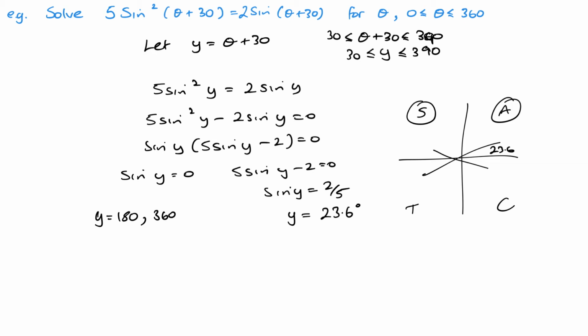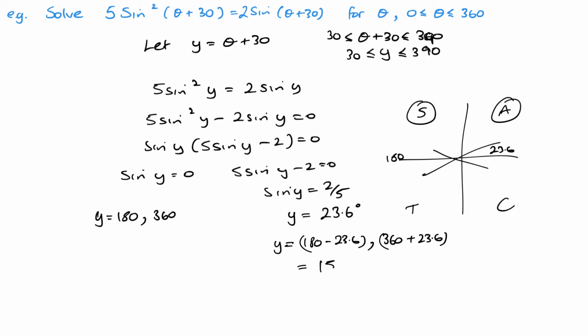And if you can see, this actual value won't be the first answer because it falls outside my range. So we've got here 180 minus it, so y is 180 minus 23.6. Second answer then will be 360 plus 23.6. And then after that, there will be no answers.